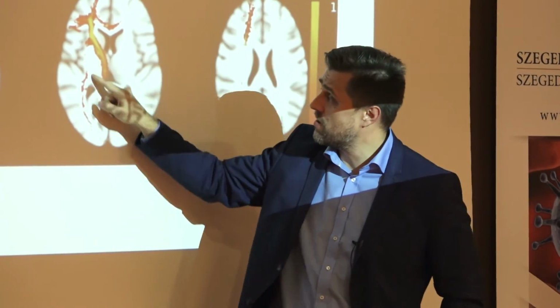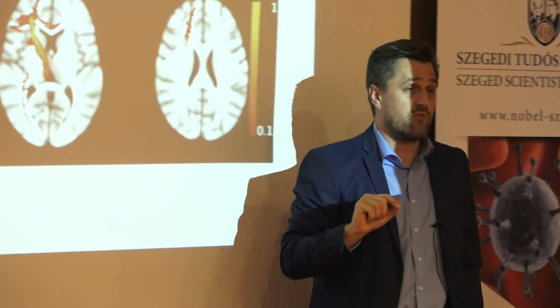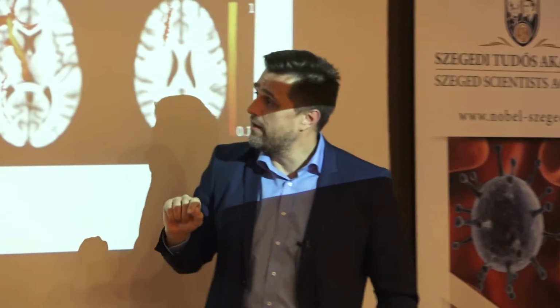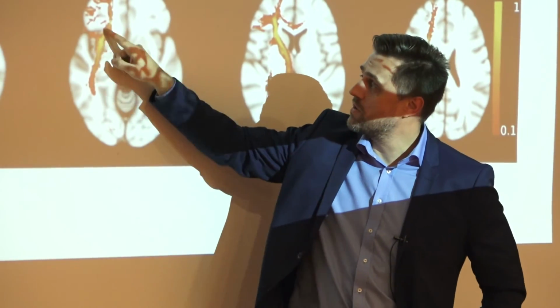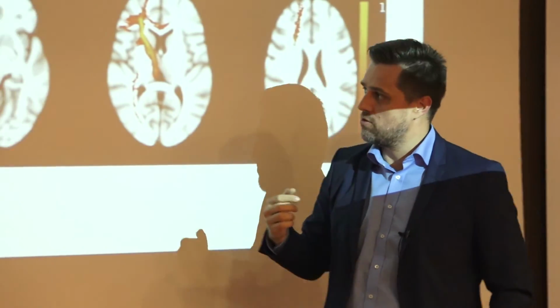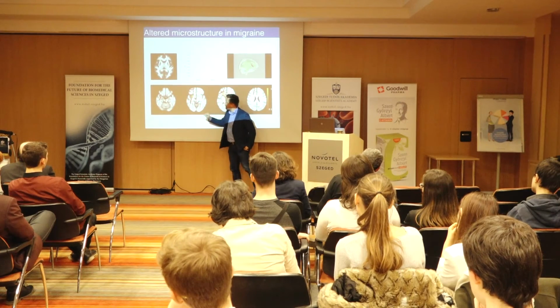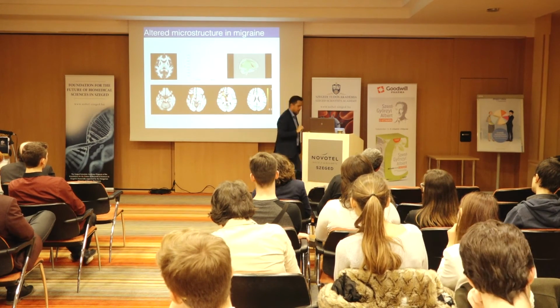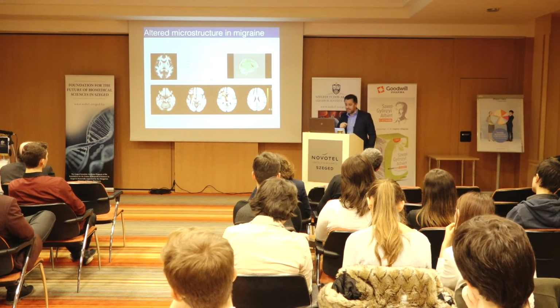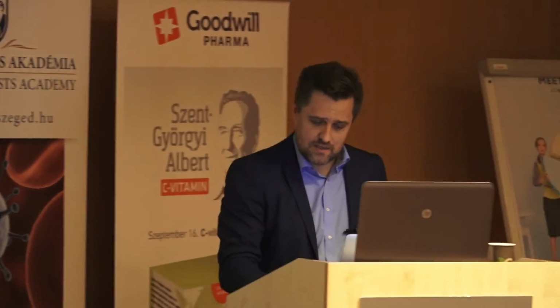Some of them run to the thalamus, the first relay nucleus of the sensory pathway in the brain. Some go to the insula, which is responsible for all vegetative, parasympathetic and sympathetic changes related to pain. Some go down to the parahippocampal region and the periaqueductal gray, or PAG, which is supposed to be a migraine generator. So it all makes sense.